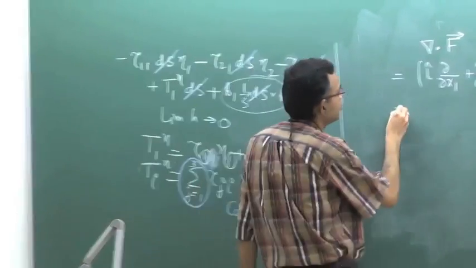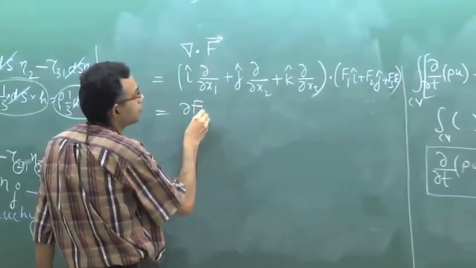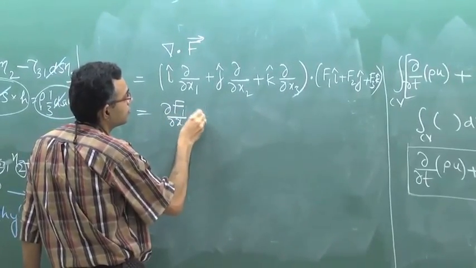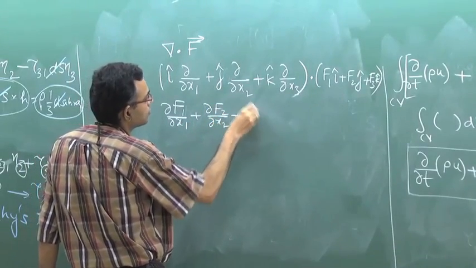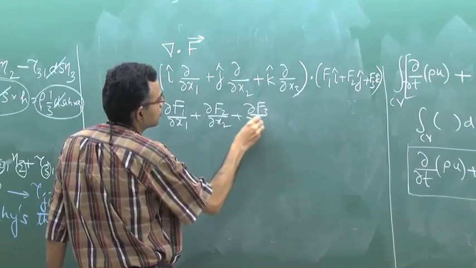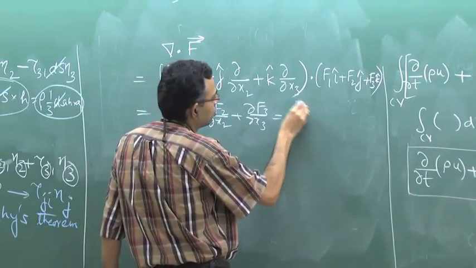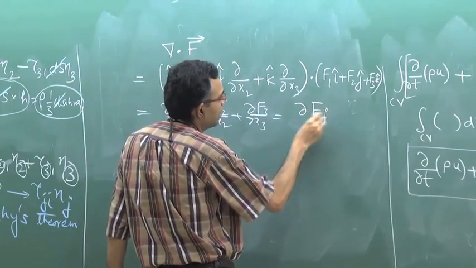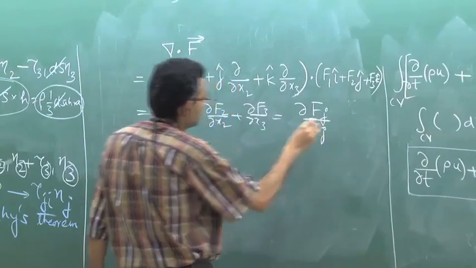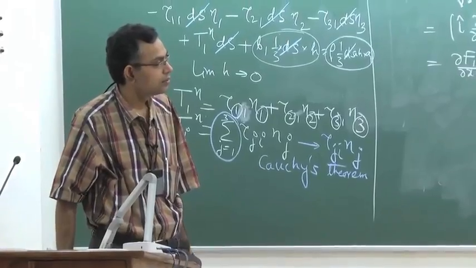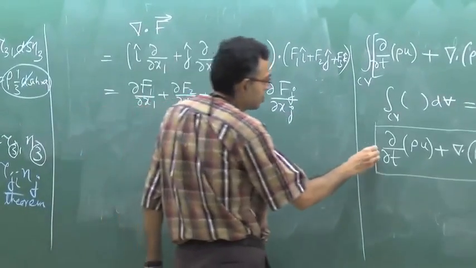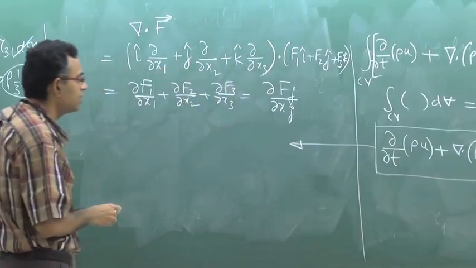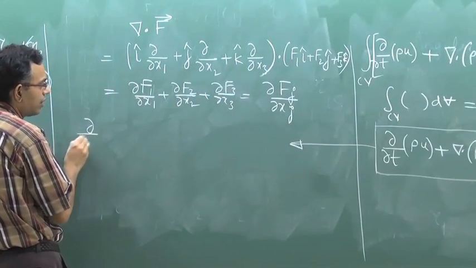So you can write, in index notation, del fj del xj, right. So we will use this term, we use this equation and write the index notation version of it.